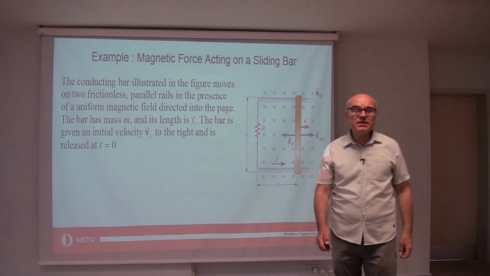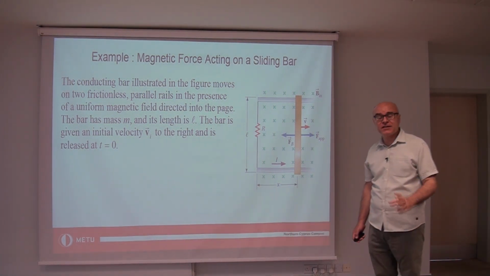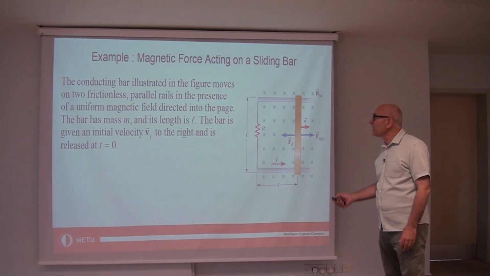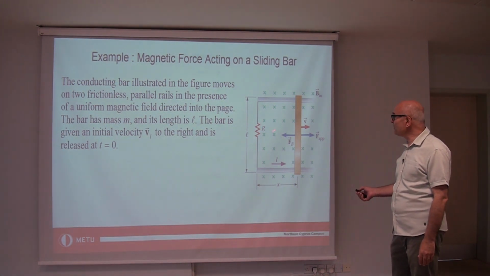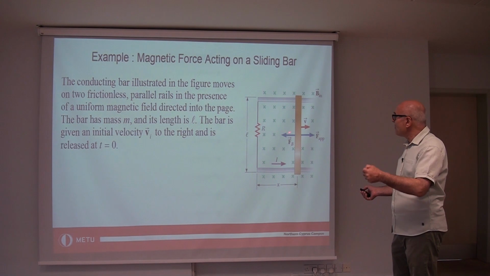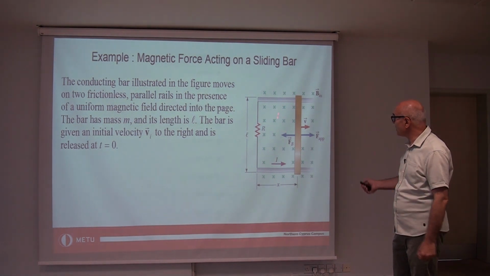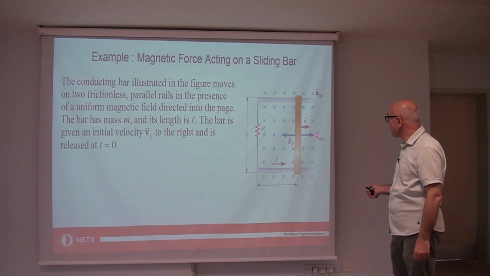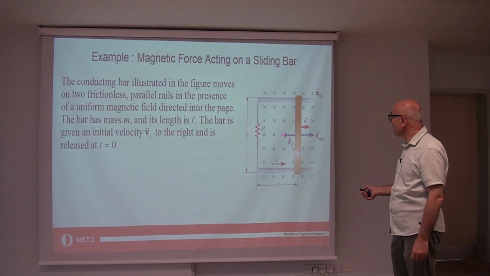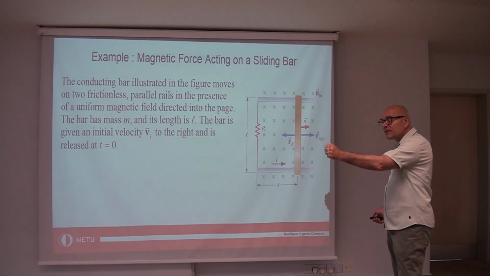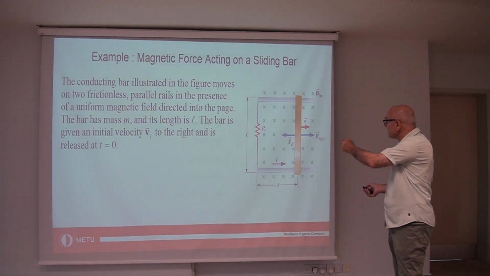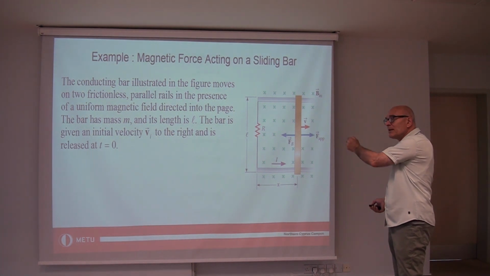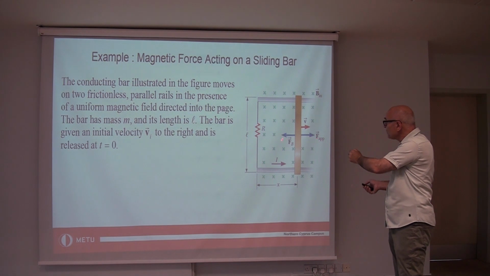Now this example is a bit more involved, but it's a very interesting situation. What it says is, first you make this rod in this circuit move with constant velocity. So you have an applied force, and then you have the opposing magnetic force. You speed it up until it reaches a constant V, and you leave it moving with this constant V, by pushing with F applied, which is equal to FB.